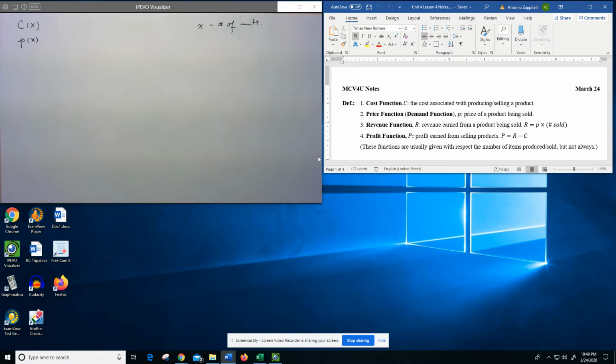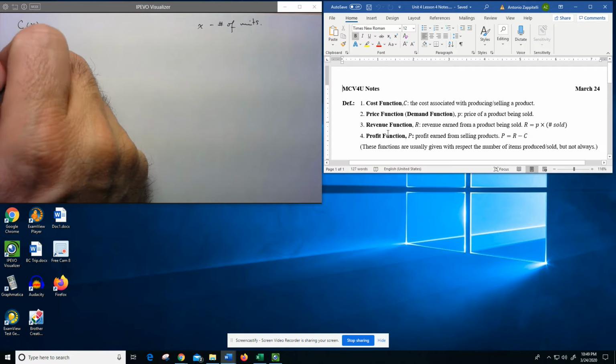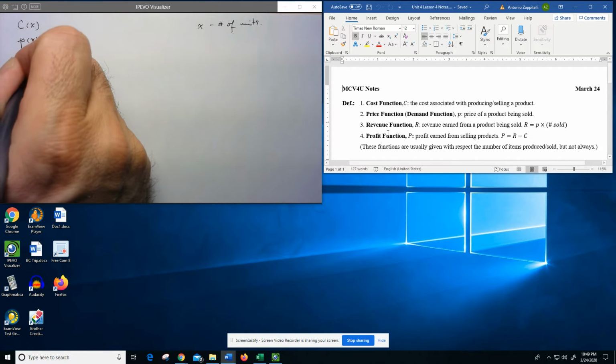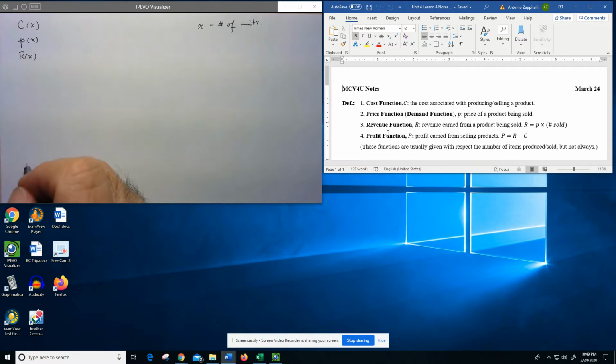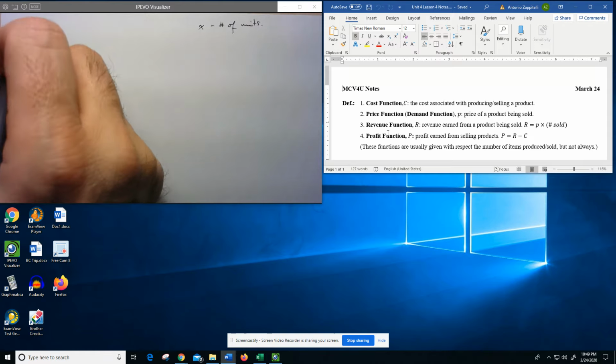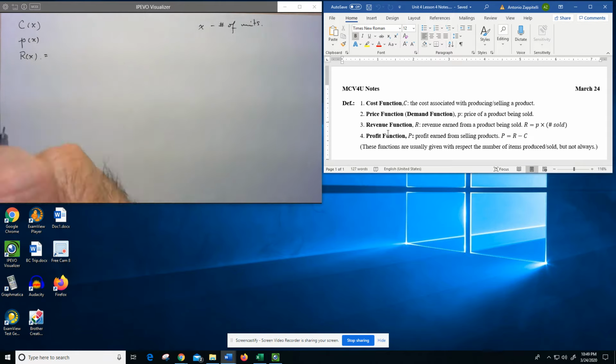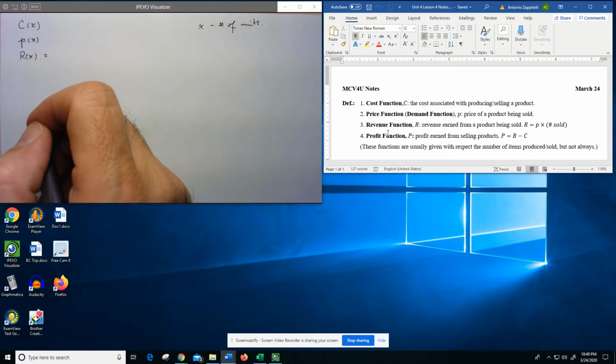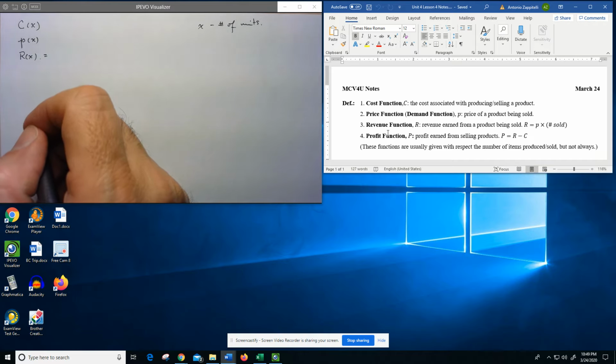All right, then you've got the revenue function. So revenue function, again, not too surprising, is what you take in for selling a particular number of items. Now we're going to assume in our scenarios that the only way that you're taking in revenue is to sell your product.